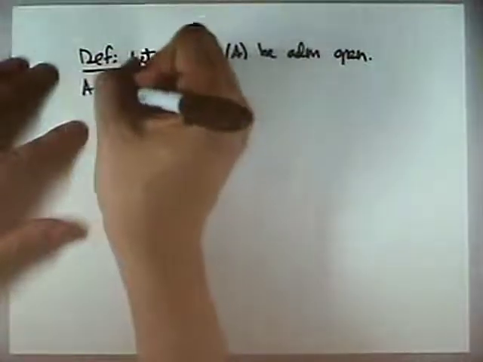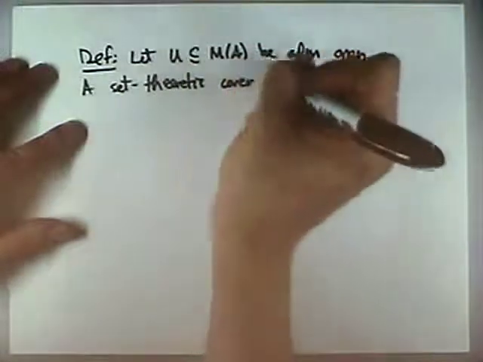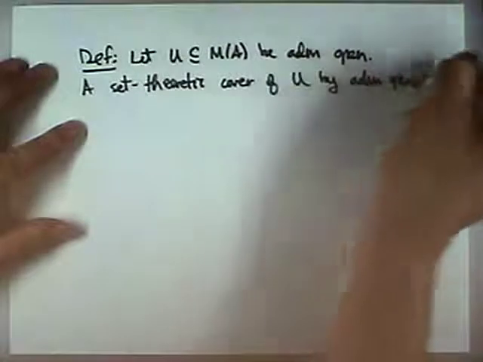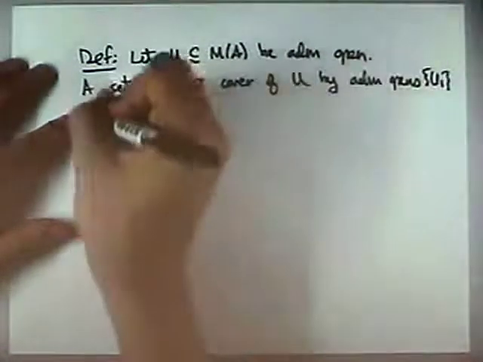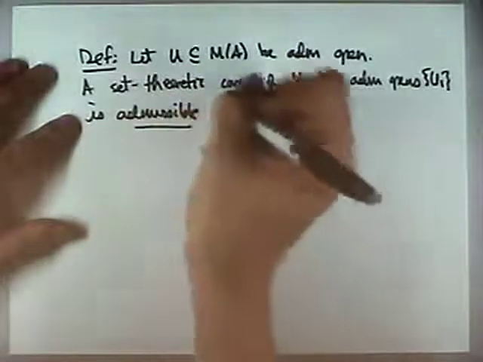And now let me tell you about the coverings that we're going to consider. So another definition is an admissible cover. Let U in M(A) be an admissible open. All right? And a set theoretic cover of U by other admissible opens, U_i, is called admissible if what?